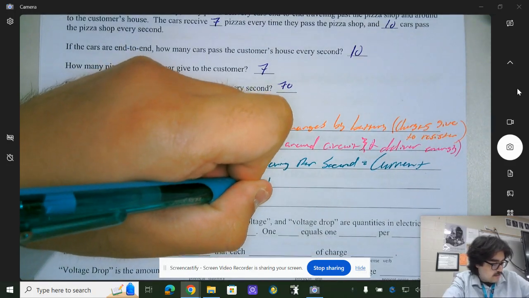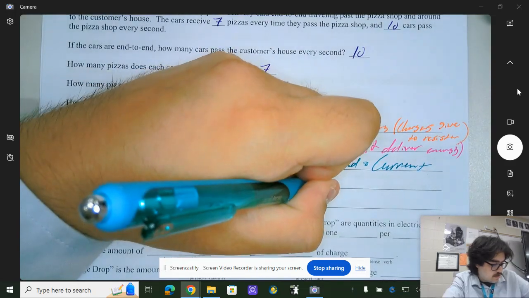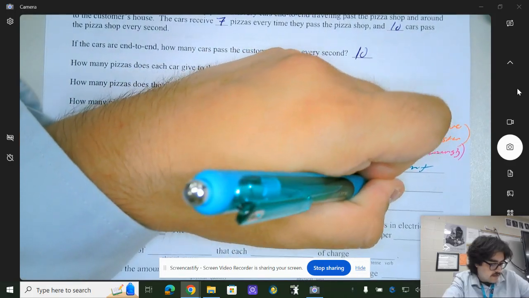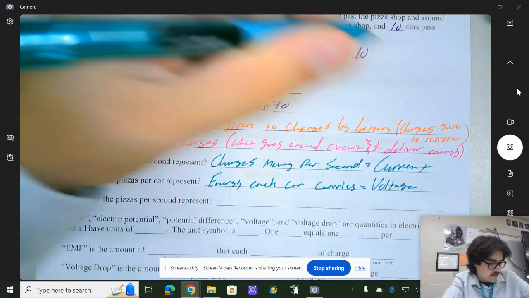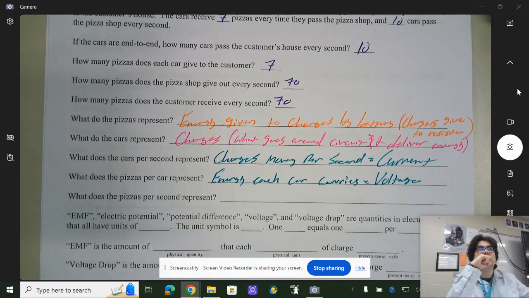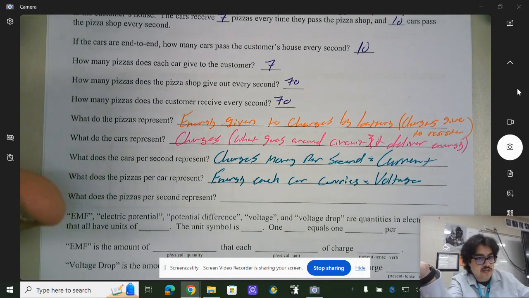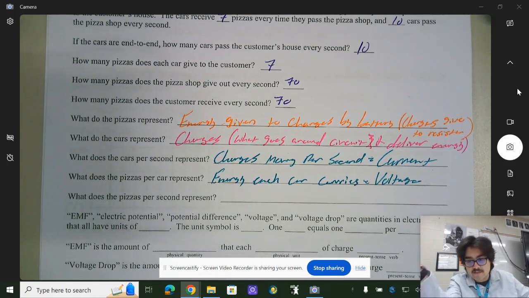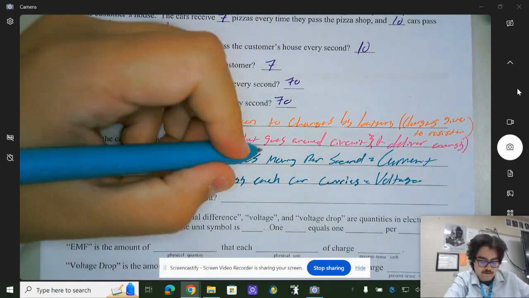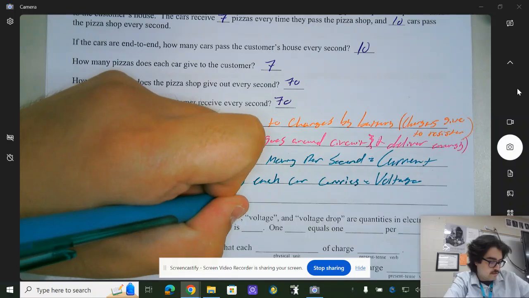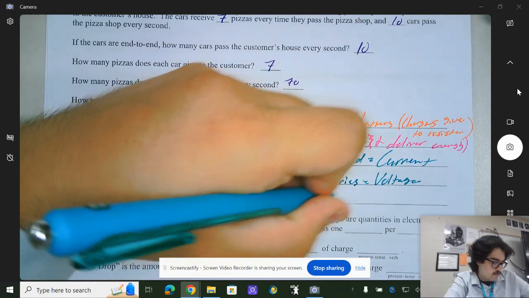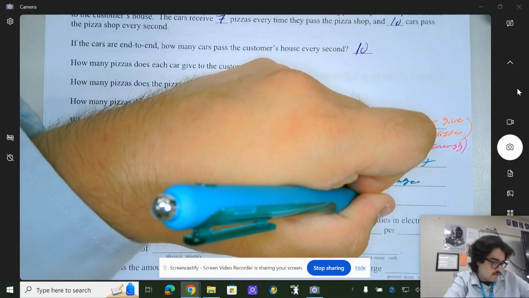And finally, the pizzas per second. We already said pizza represents energy, so it's energy per second. If you're thinking back to Physics 1, we did energy per second. It was called power.